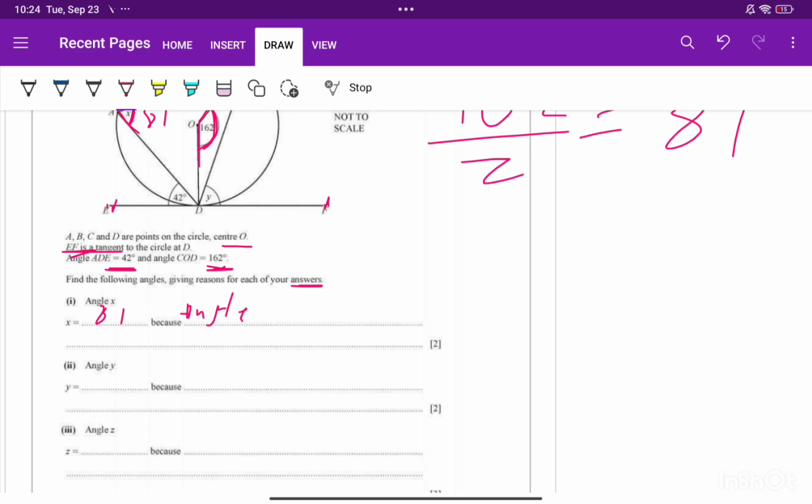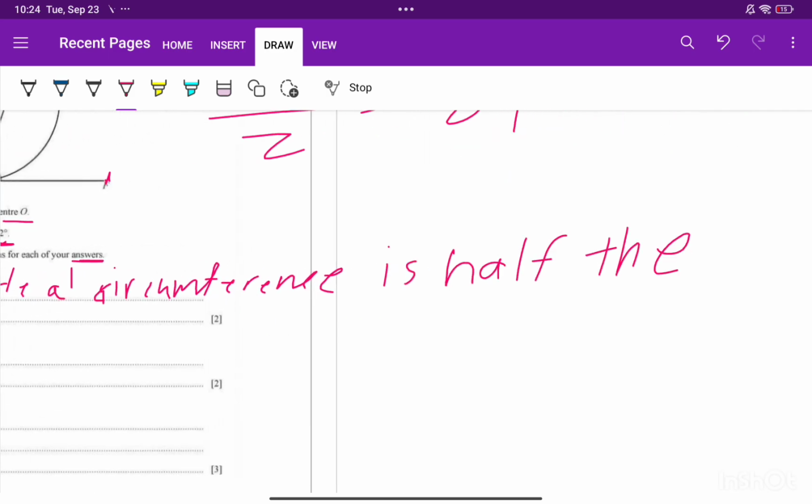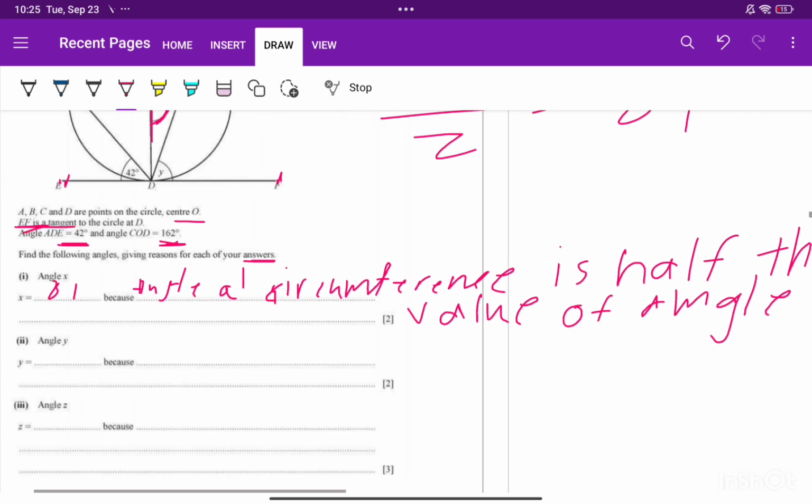Please ignore my writing. Angle at circumference is half the value of angle from the center.